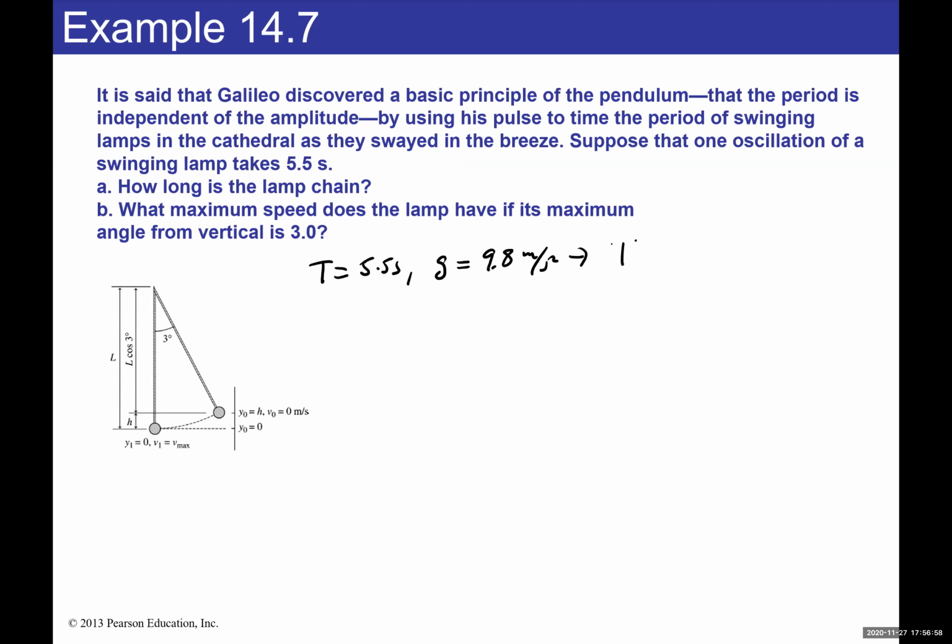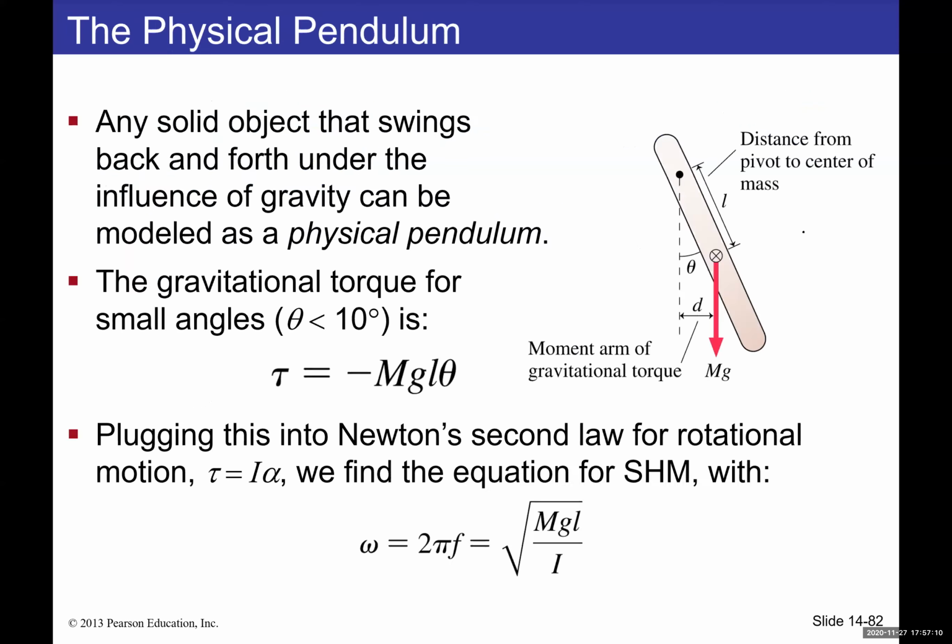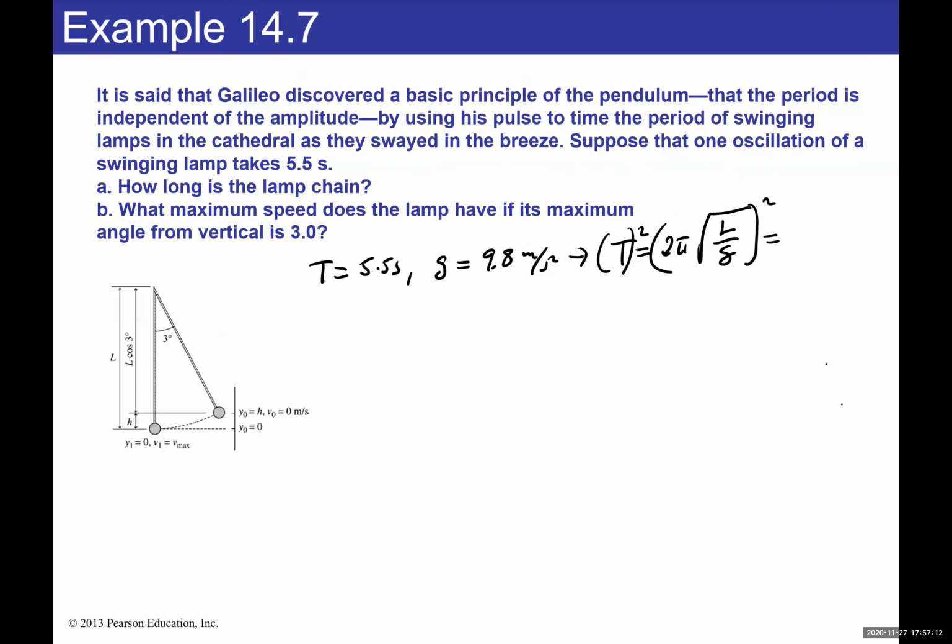Then I can use this period equation, which is 2 pi square root of L over g, to find the length. What we do here is we square both sides. Then T squared equals 4 pi squared L over g.